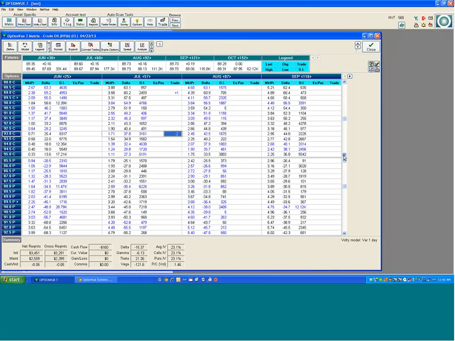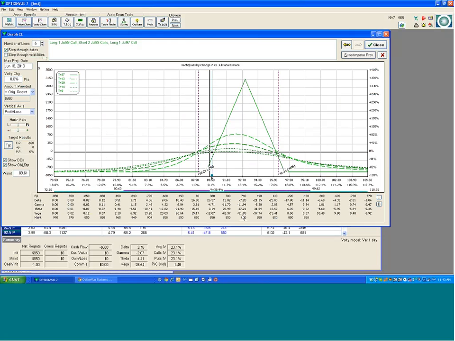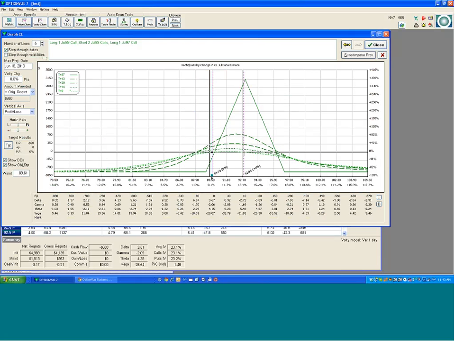That's 4 points wide. Now we go 4 points above this to the 97 call. And what we've done is we've put in place an out-of-the-money call butterfly that benefits with the market moving higher and benefits from a decrease in volatility. I like this trade better because we're getting positive time decay while we're waiting for the market to rally.